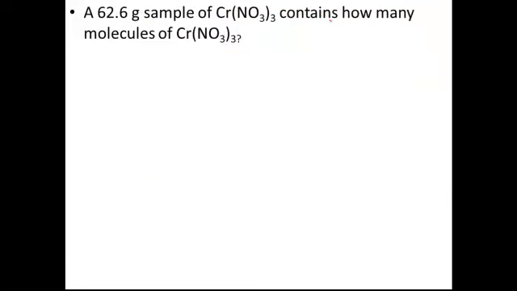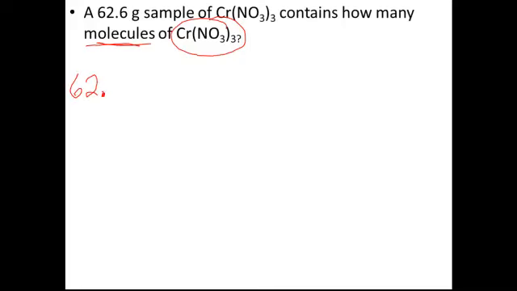All right, our next example says a 62.6 gram sample of chromium(III) nitrate contains how many molecules of chromium(III) nitrate? So again, notice I'm using that term molecule there when you could use the term formula unit, but I think it's easier just to remember it that way as a molecule. So I'm not going to go through the first part again.